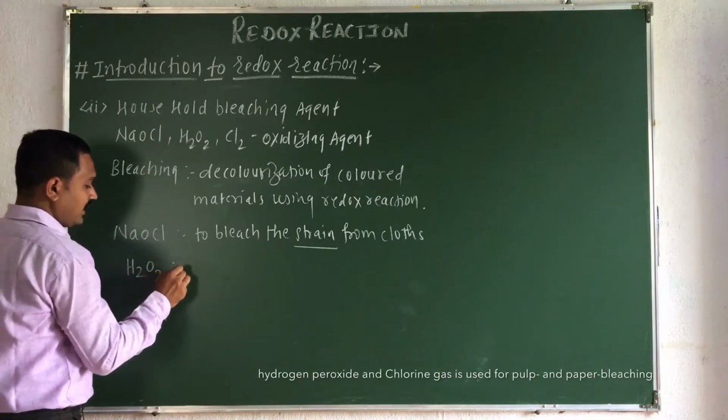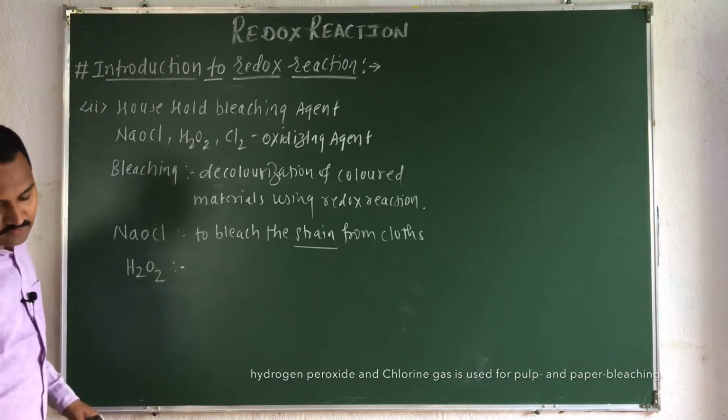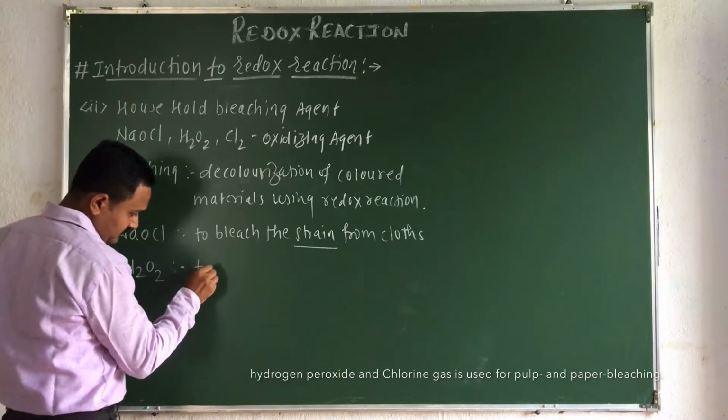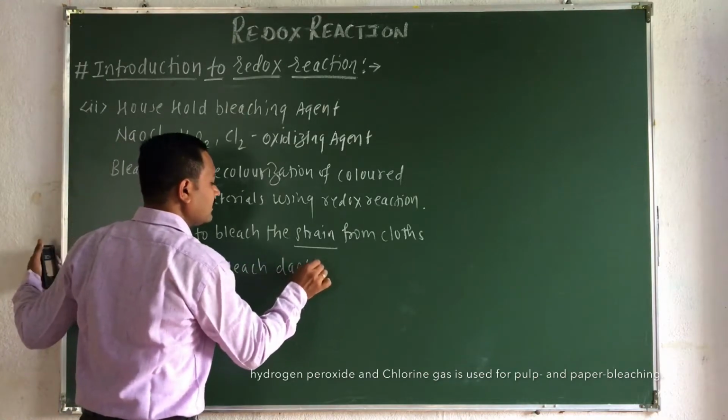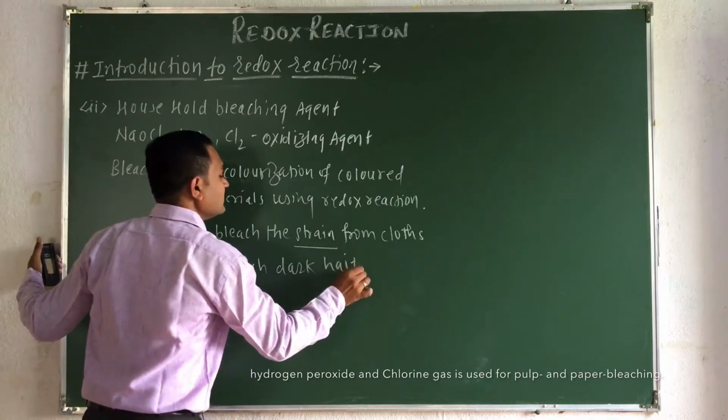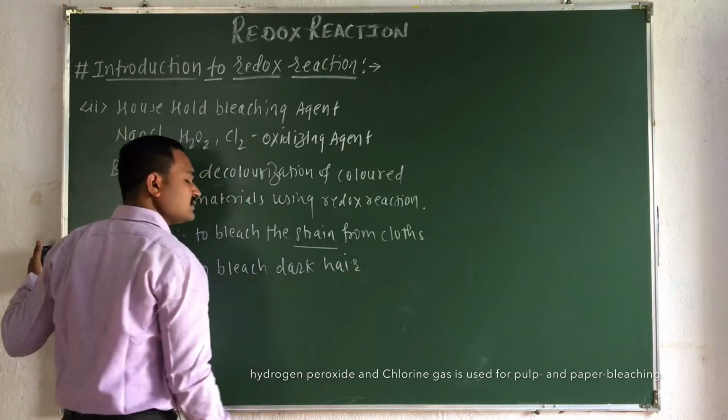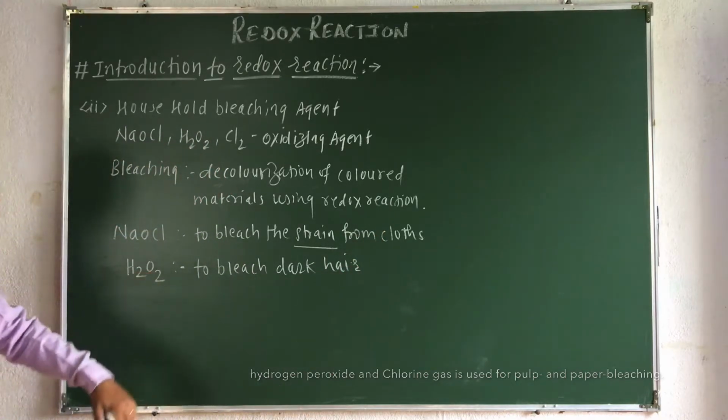H2O2, hydrogen peroxide, is generally used to bleach dark hair in dyes. So it acts as an oxidizing agent there.